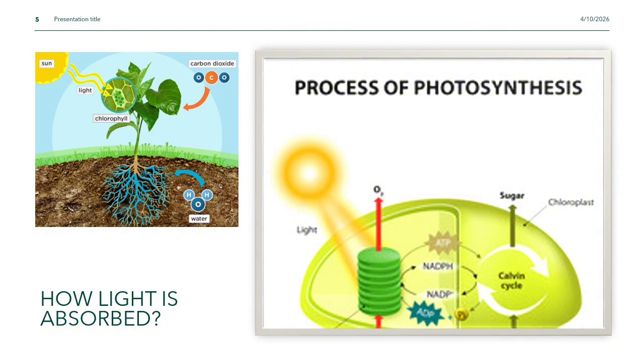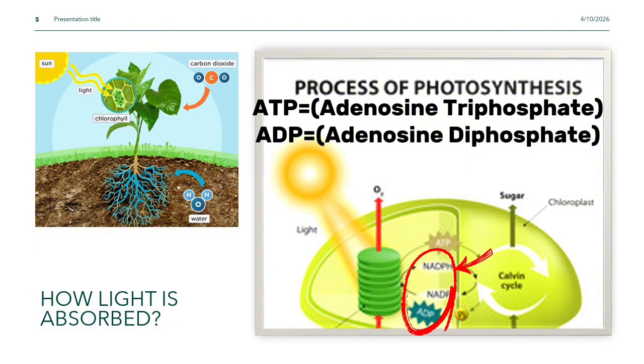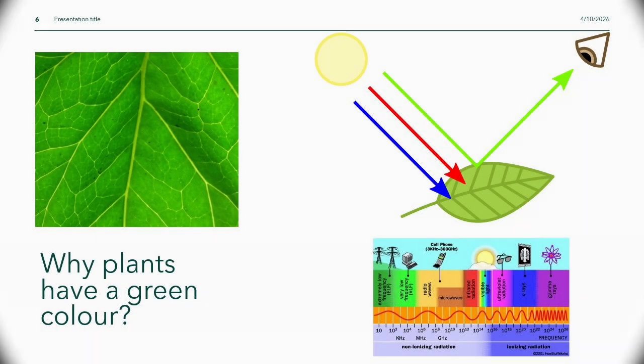The light energy from the sun is absorbed by the chlorophyll, and the energy is used to split water into hydrogen and oxygen, and then oxygen is released as a byproduct. The energy from the light is also used to convert ADP into ATP and NADP into NADPH.